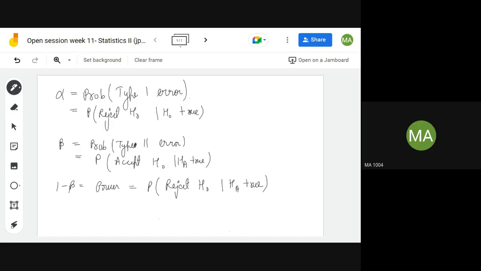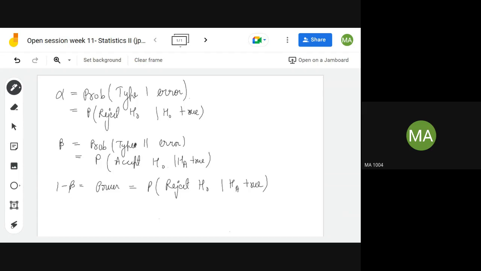Yeah, you want this power to be strong. So you want the power to be very close to probability 1. And you want alpha and beta to be close to 0. Alpha and beta both are to be reduced. Only if you reduce beta, your power will increase. Right? Yes, ma'am.